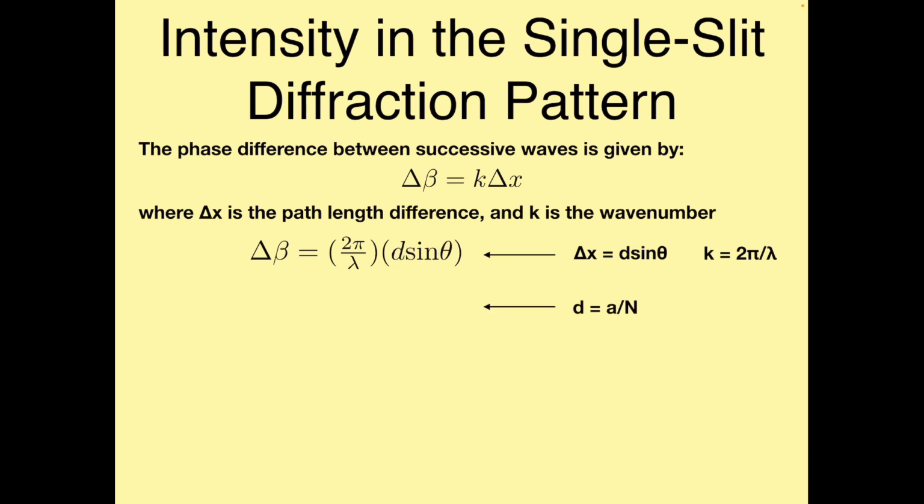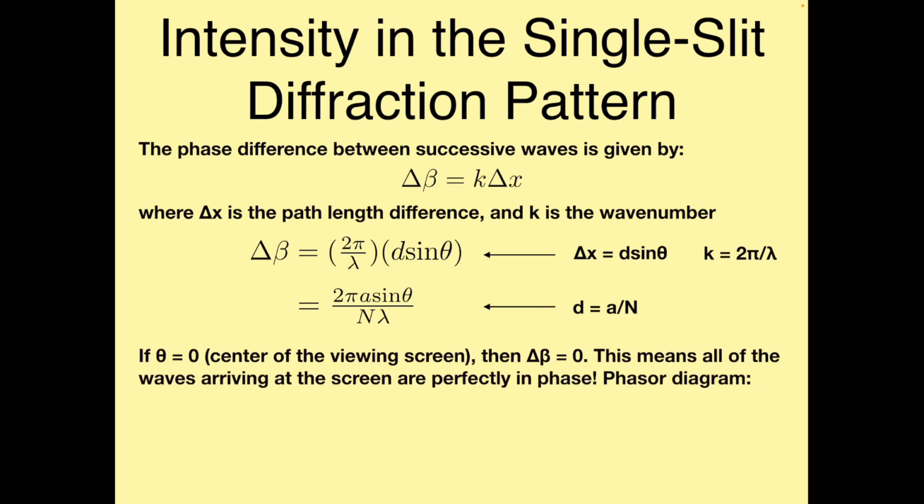But let's also remember that d, which is the distance between neighboring points on our slit, is just equal to a, which is the width of the slit, divided by n, which is how many points we divided the slit into. So now that gives us 2 pi times a times sine theta on top, divided by n lambda on the bottom. That's the expression for the phase difference. Now, let's take a look at a very simple case.